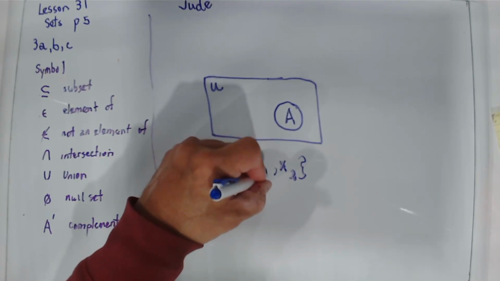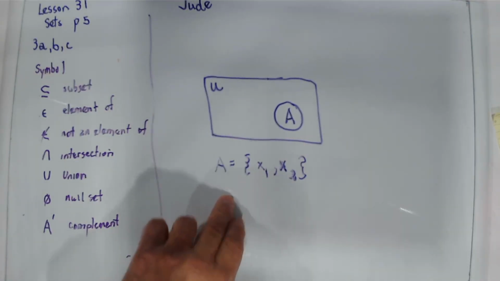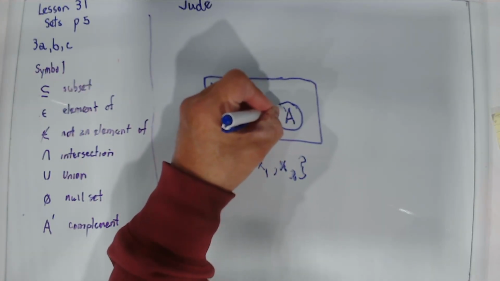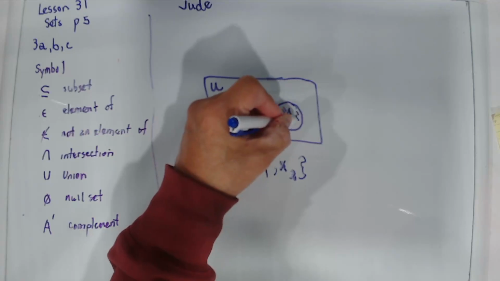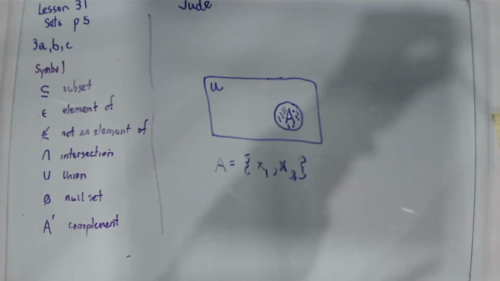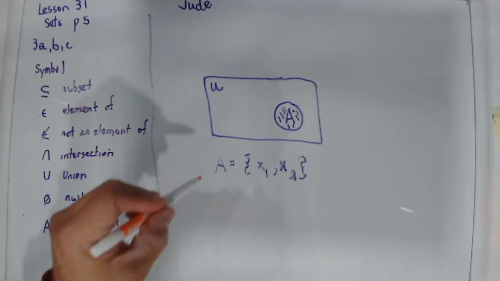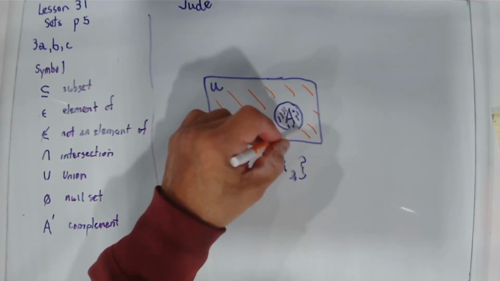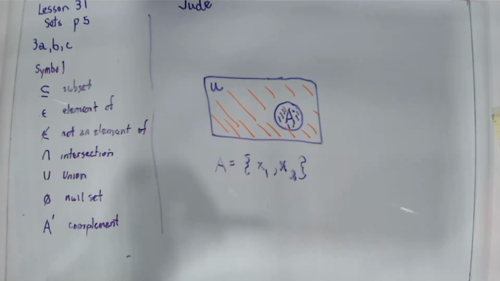And so that's the way I would define A, but let's say I want everything except what's in A. So when I'm talking about A, I'm talking about the elements inside this purple circle. But let's say I want to talk about all the elements out here. How do I write that? I could list out all those elements, but there are a lot of different elements.